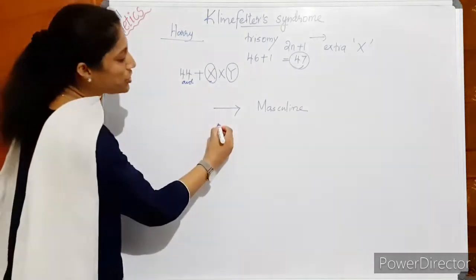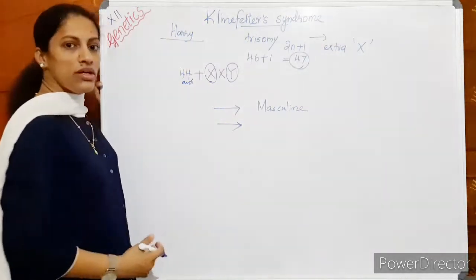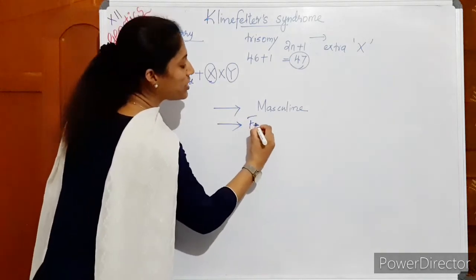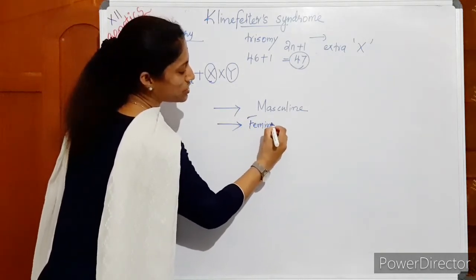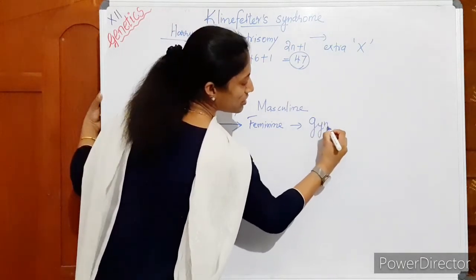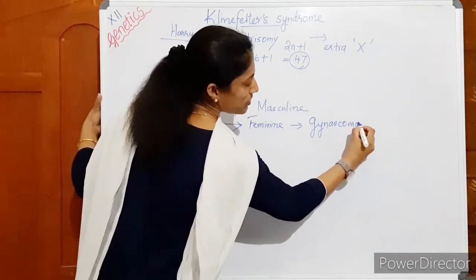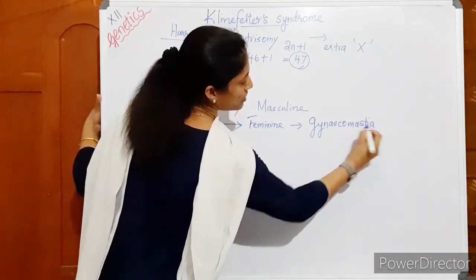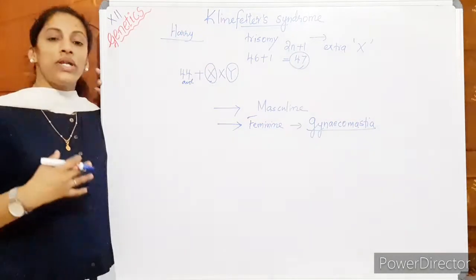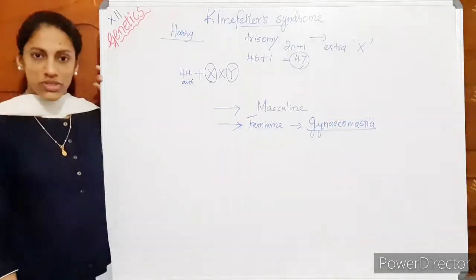But the extra X chromosome is not having any benefit, and some feminine features will be expressed. That means development of breast. The condition in medical term is gynecomastia. This male Klinefelter will be showing breast development like females because of the extra X chromosome.